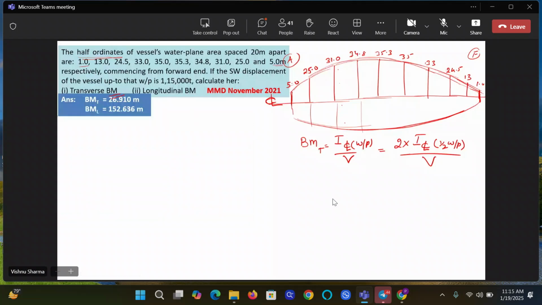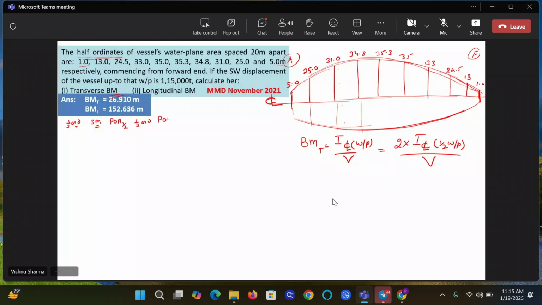Okay. Now let me make the column headers here. Your column headers would be what? Half ordinate. Then Simpson's multiplier. You can identify which rule to use. Then you will have product of half area. If you write correctly, it will make things easier for you. Then repeat the half ordinate again.